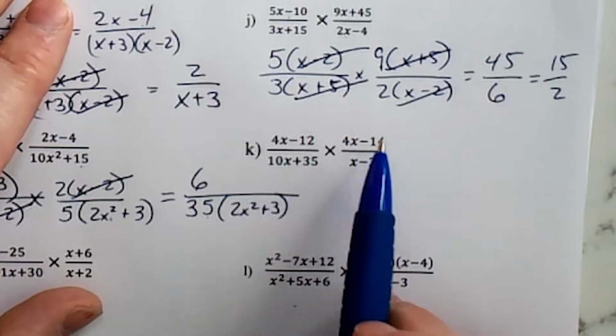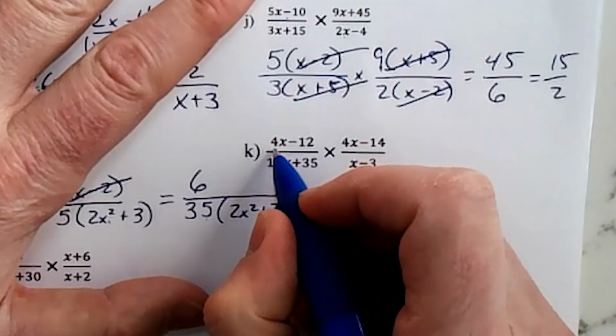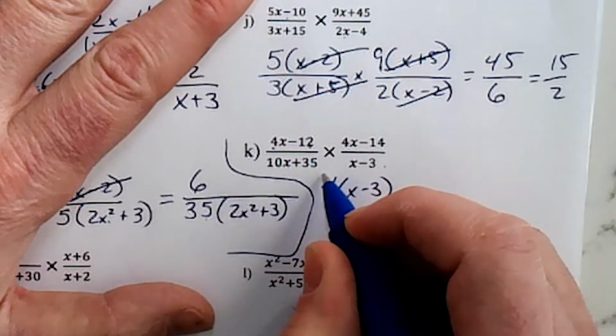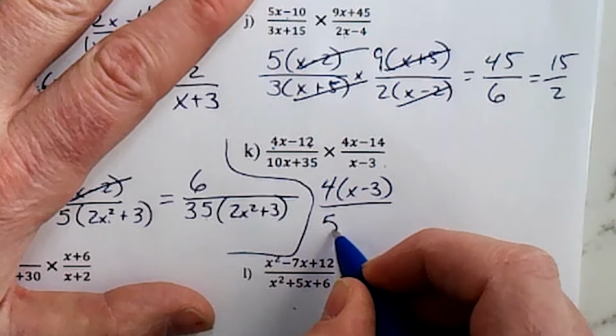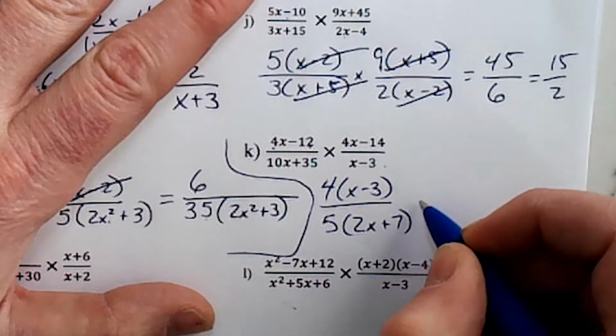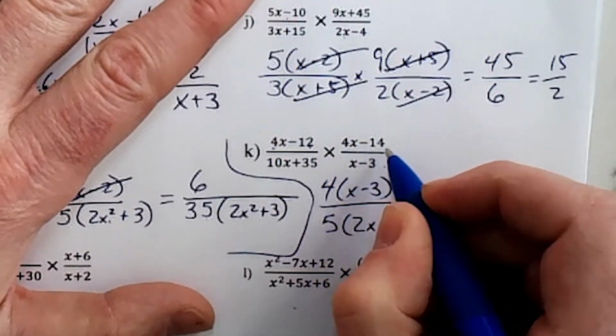So, binomials everywhere. Nothing matching. So automatically, GCF. 4 goes into 12. 10 and 35. 5 goes into both. 4 and 14. 2 goes into it.